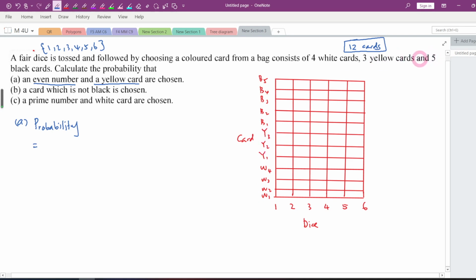And 5 black cards, B1, B2, B3, B4, B5. You'll notice that I draw a lot of lines over here because I want to visualize every single possible outcome. Okay, even number, so it will be 2 or 4 or 6, right? So need to pair with yellow card. So it will be this.